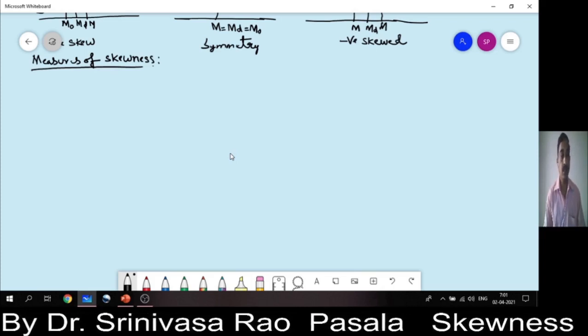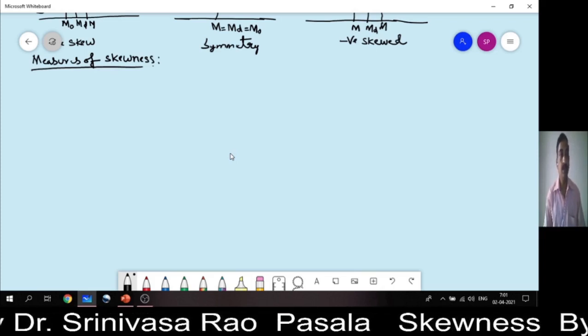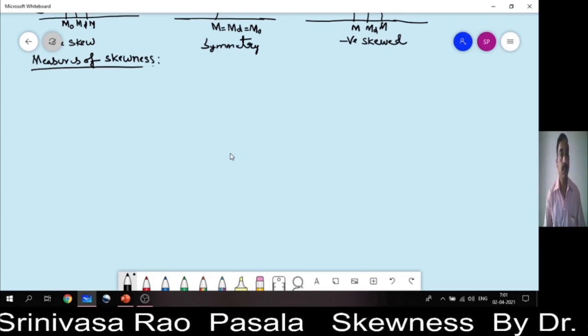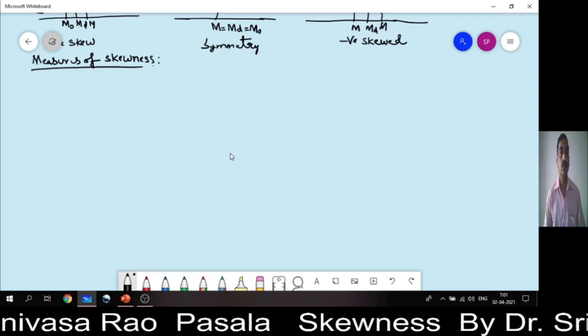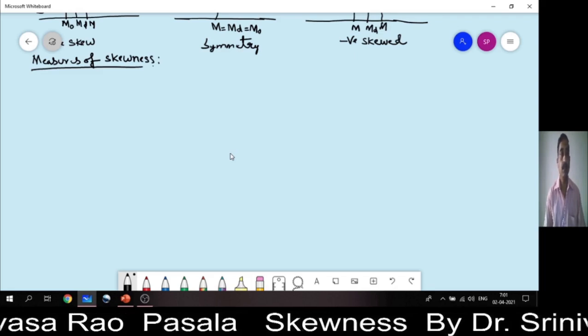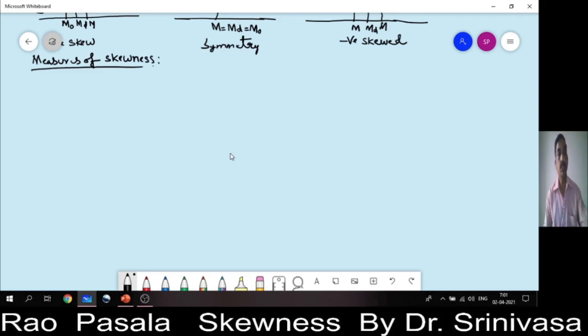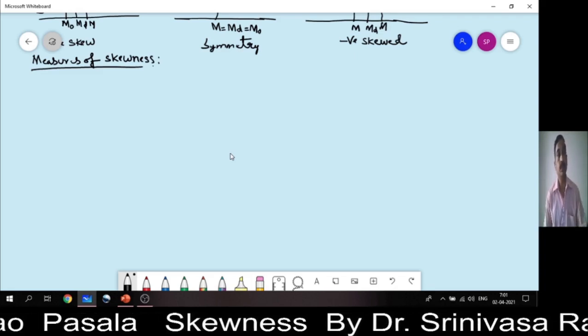We know that absolute measures are not useful for comparison purposes. Relative measures are useful for comparison. That's why in practice most people use relative measures for measuring skewness.